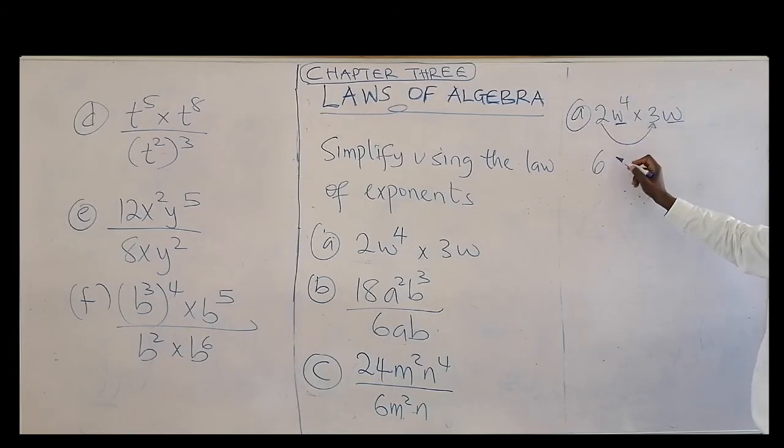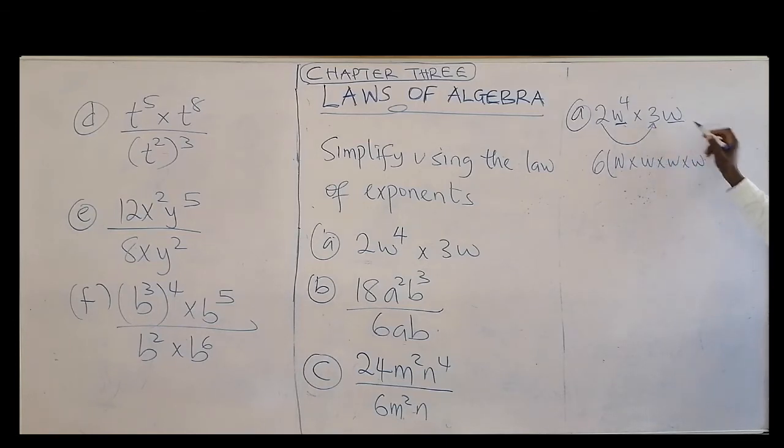This one means we have W in 4 places, and then we have 1 here, and that's 6W5. Actually, you can use the law of exponents straight away: 2 times 3, that's 6. Then this base here and this base here are the same. Take one of the bases, and that's 4. This is having 1 here, so plus 1. And that's 6W5.